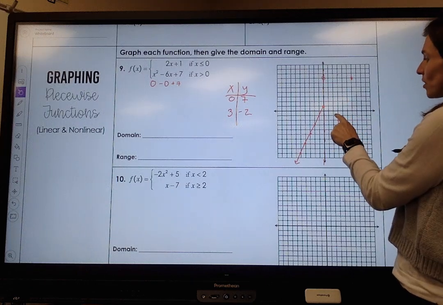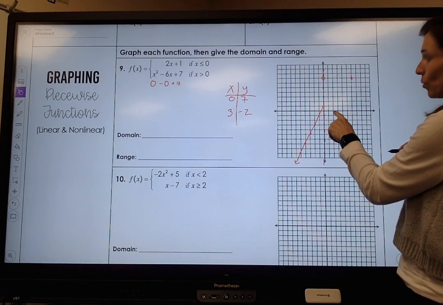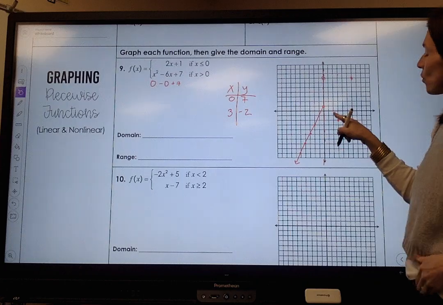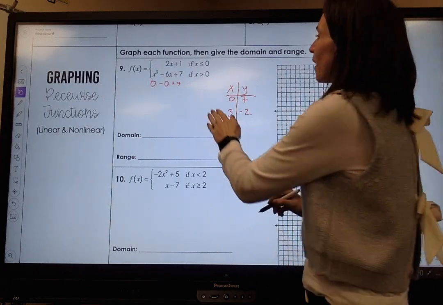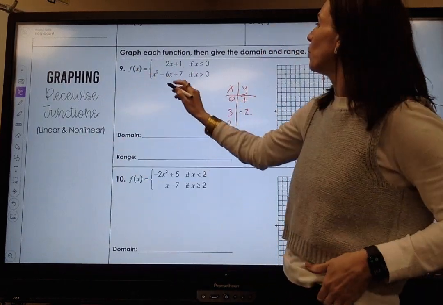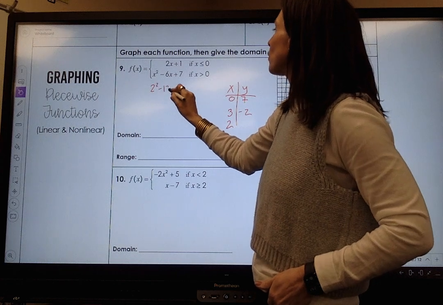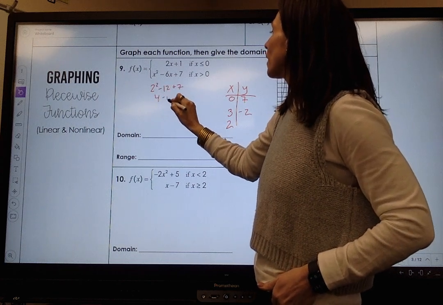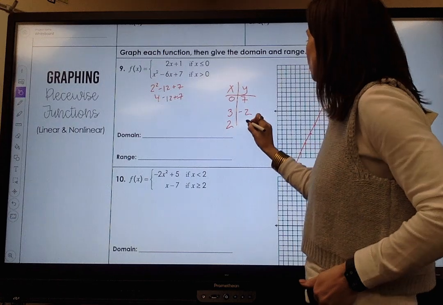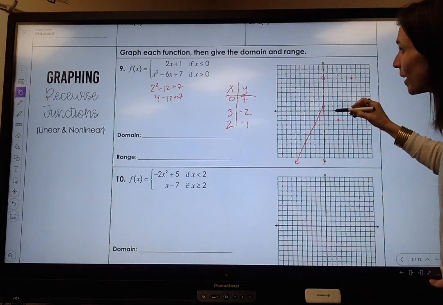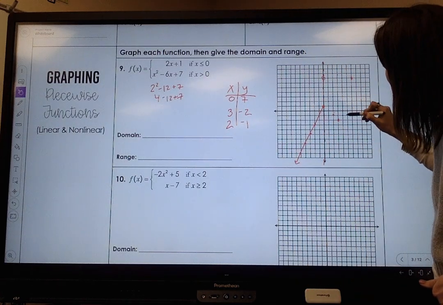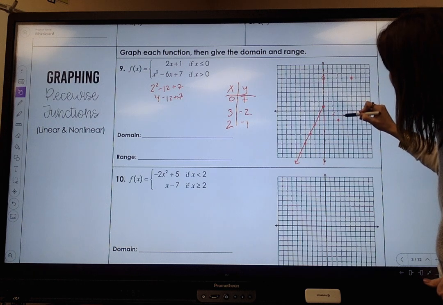Now, I'm just going to use positive 2 right here, and find out what another point is. So I get 2 squared minus 12 plus 7. 4 minus 12 plus 7, that's negative 1. So when x is 2, y is negative 1, and then I'm going to use my properties of the parabola.